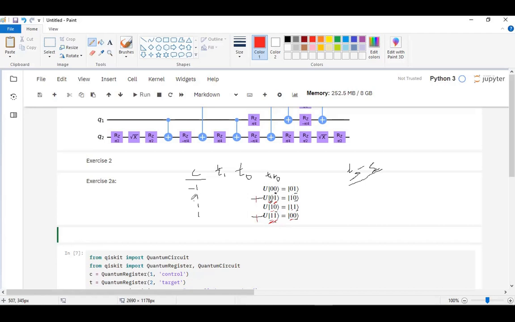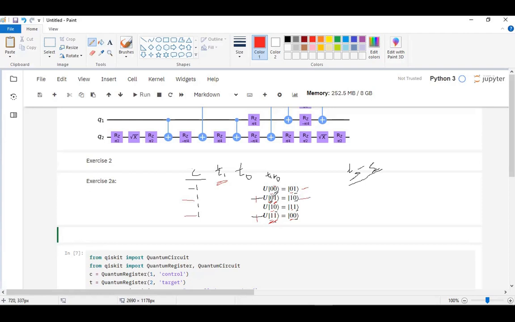And your control qubit value is also equal to 1, which basically means that only when your control qubit value is 1 and your T0 value is 1, there is a change in T1. If you see the rest of the cases, in the first case your C is 1, but your T0 is 0, so T1 remains 0 itself.